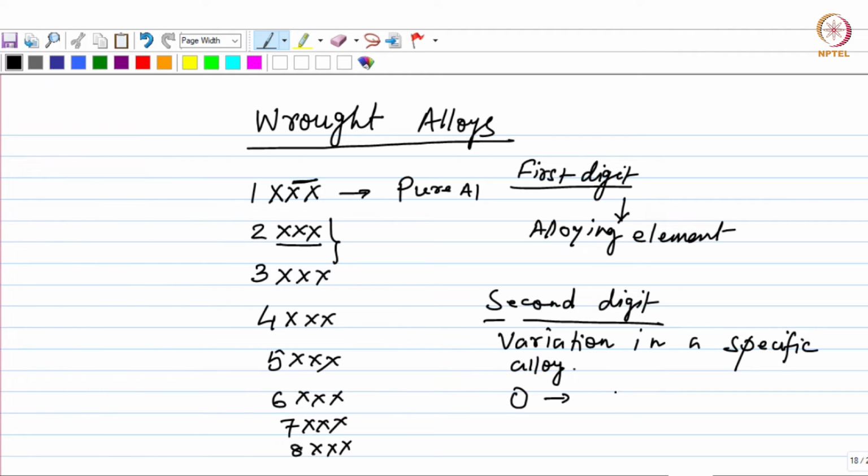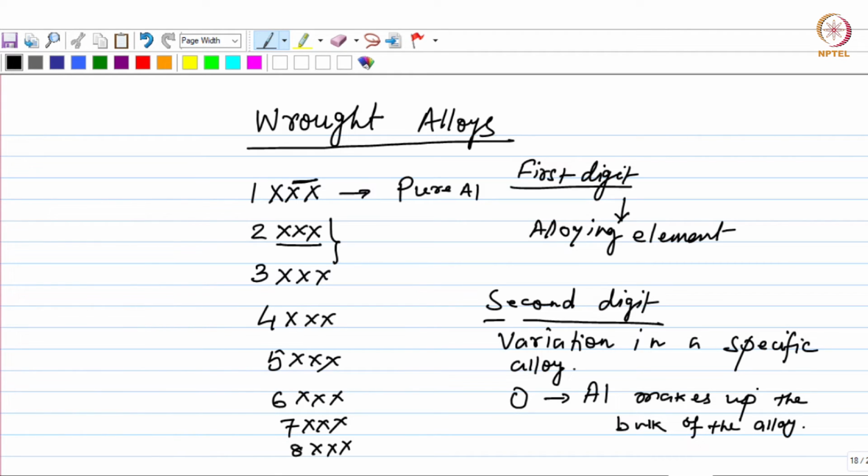So it basically points to the commercial purity level of aluminium in which the other alloying elements have been added. So this essentially says that aluminium with commercial purity level makes up the bulk of the alloy. And the rest of course will be the other alloying elements as per the composition of the alloy.